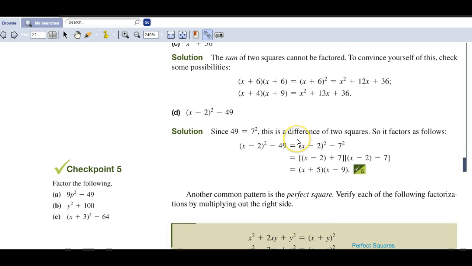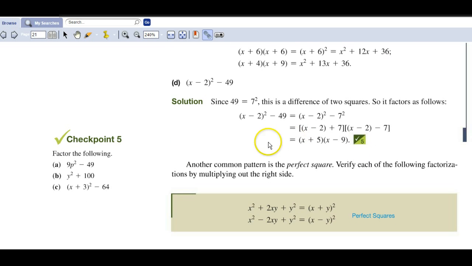Now as we look at letter D, just to give you a for instance, do you see that this is a binomial that's squared? So we can think of that as if it were a squared minus 49, keeping in mind that a is going to equal x minus 2.